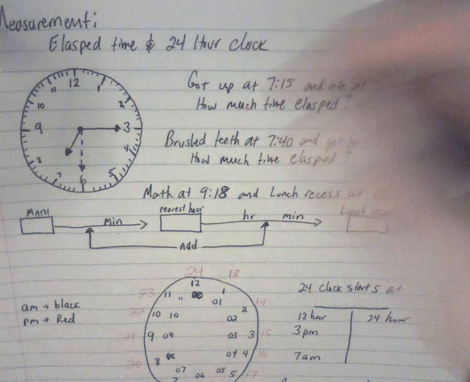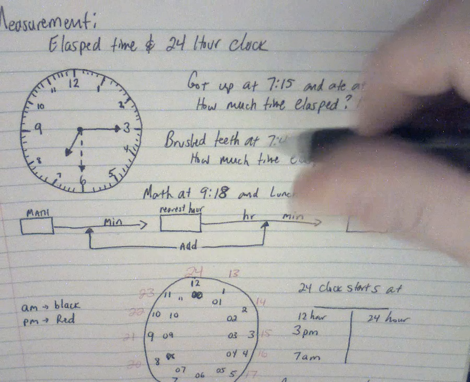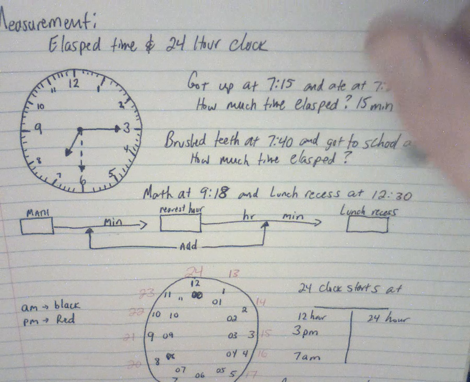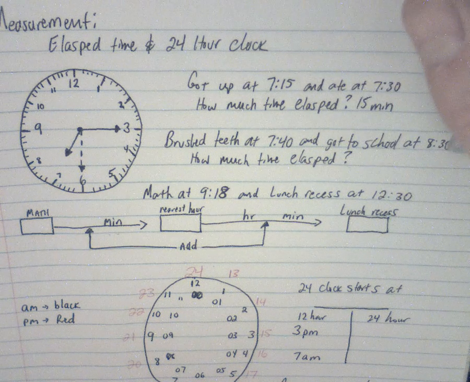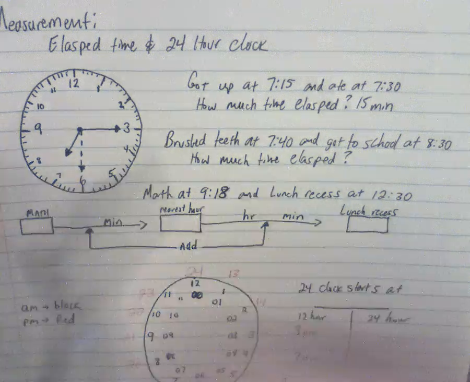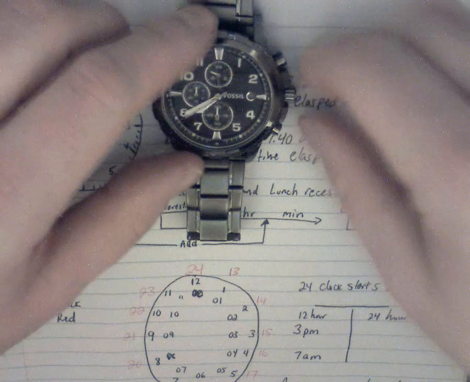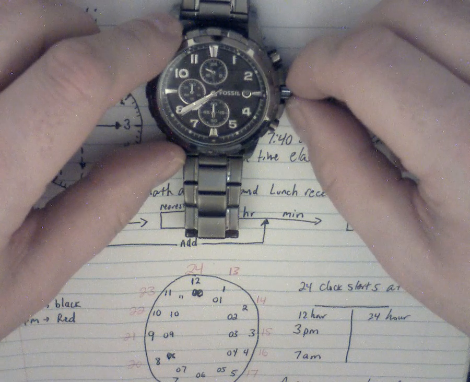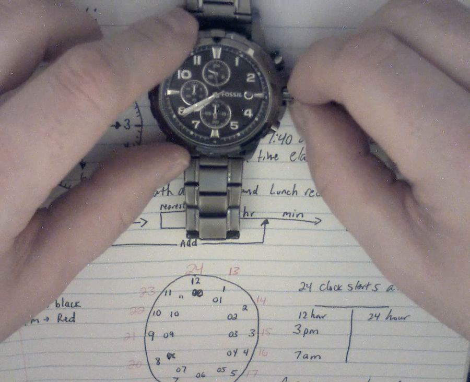So here's what it says. We start our next problem, and it says that Bob brushed his teeth at 7:40 and he got to school at 8:30. How much time has elapsed? Looking at my watch, we start at 7:40, we want to go to 8:30.